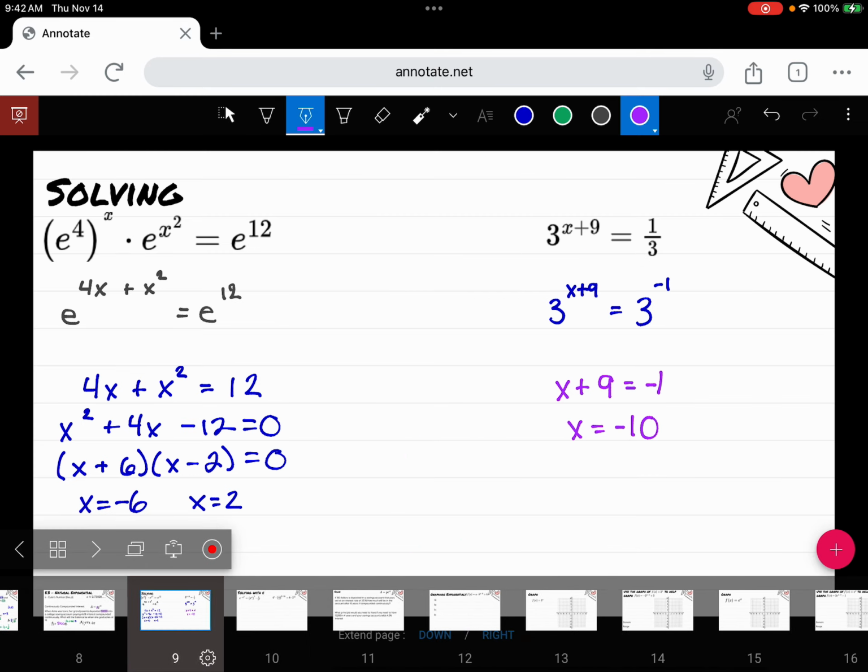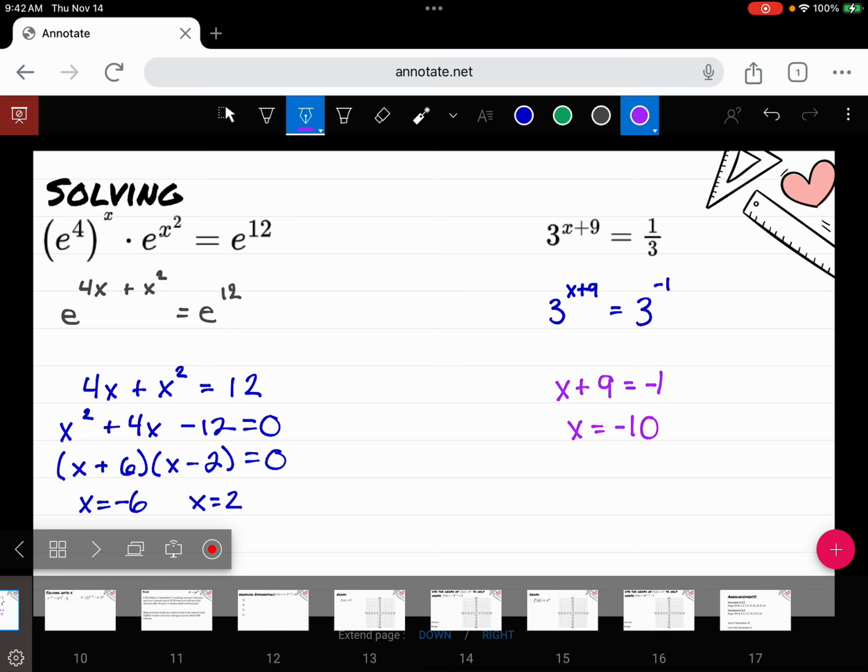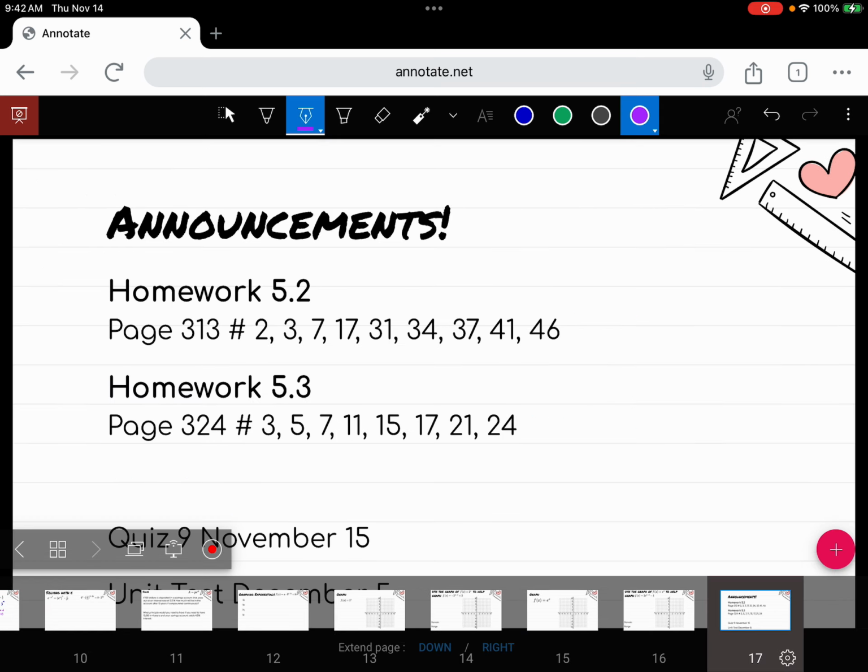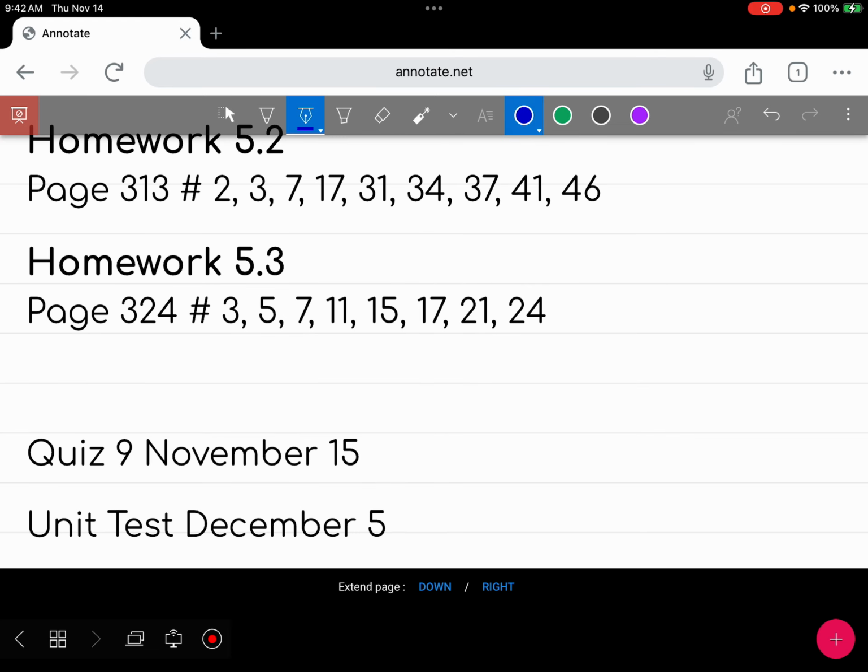Okay? We did not quite get through everything in both 5.2 and 5.3. So, the quiz will not be until Monday. Monday. Literally just wrote Monday.